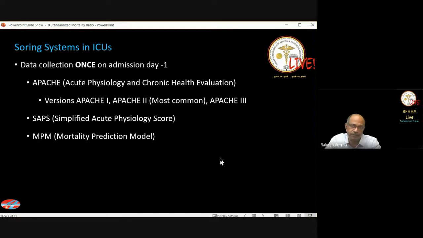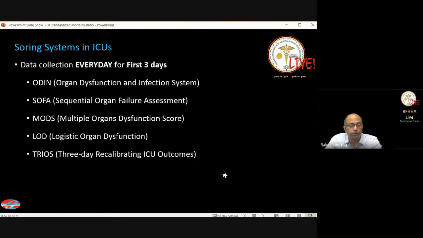So at the time of admission, what is calculated is the predicted death. So you're calculating the risk on day 1 only, and that is the one that is used for the standardized mortality ratio.